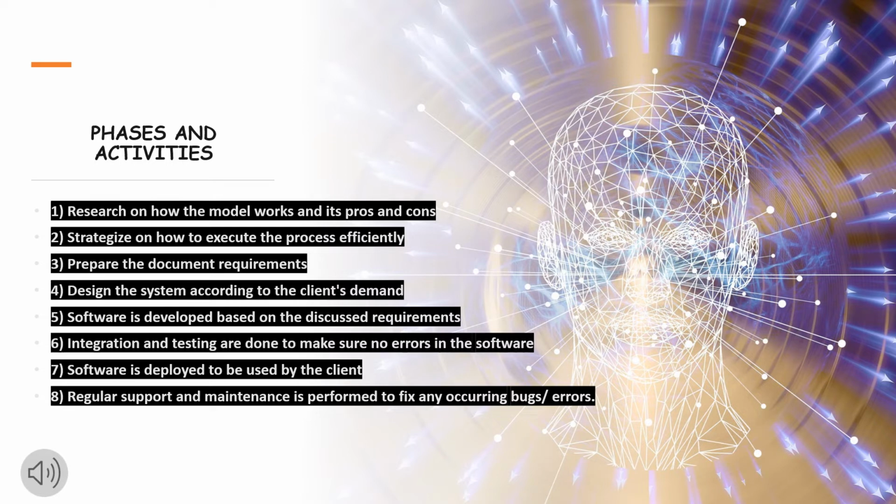Software is developed based on the discussed requirements. Integration and testing are done to make sure there is no error in the software. Software is deployed to be used by the client. Regular support and maintenance is performed to fix any occurring bugs and errors.